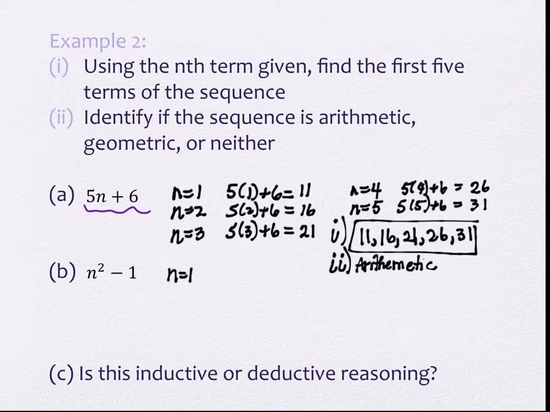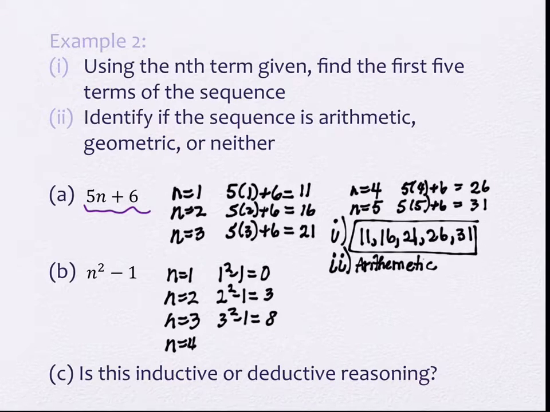N equal to 1, so this is 1 squared minus 1, which is 0, yeah? N equal to 2, 2 squared minus 1 is 3. N equal to 3, 3 squared minus 1, 8.